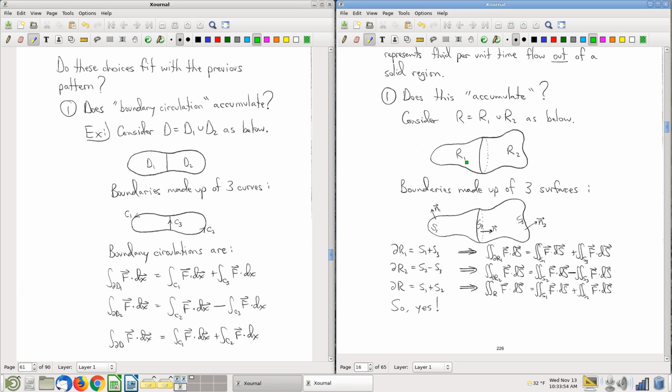And just as I did before, I'm going to write down the boundary circulation around the whole thing. We'll look at the boundary circulations around the individual pieces and ask, do they add up? What it, of course, boils down to is, do the terms associated to this shared edge cancel?